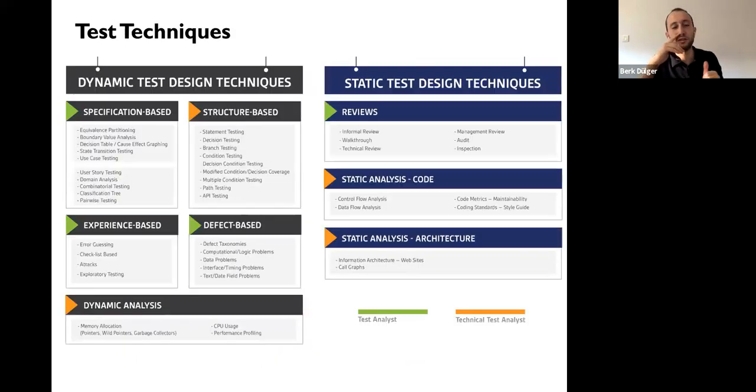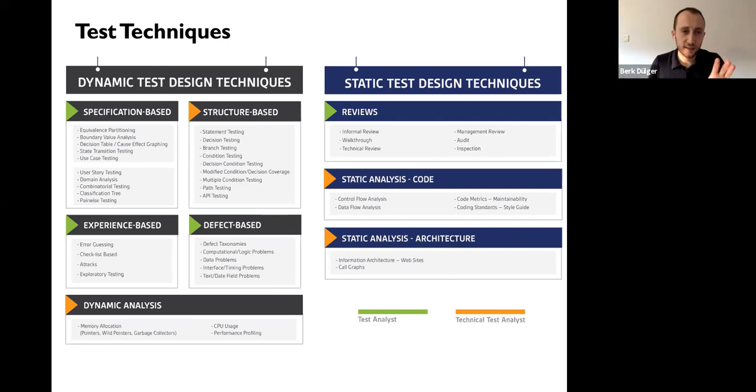Techniques are very important. We all agree with it. So how to define, how to categorize software testing techniques? This is a very important image. You can see all kinds of software testing techniques, which we also show in our ISTQB Foundation and Advanced Level trainings. There are two main categories for software design techniques: dynamic test design techniques and static test design techniques.